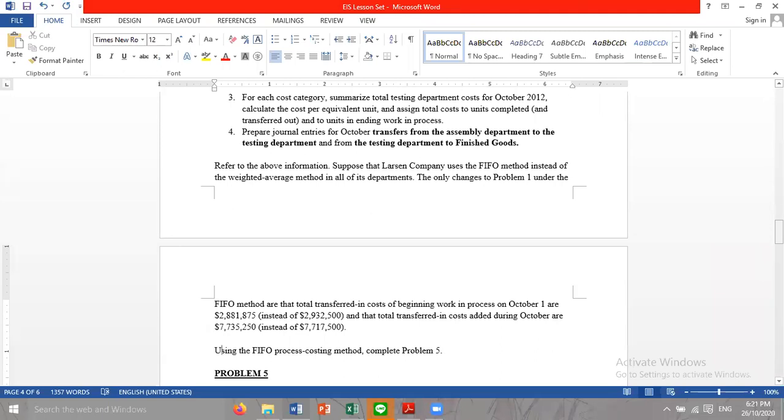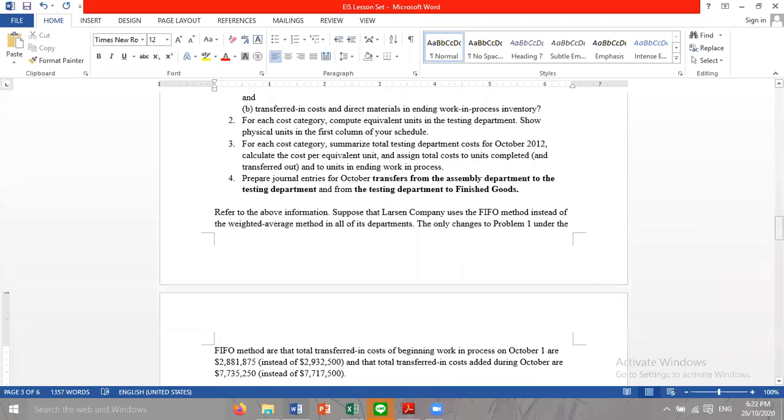Next, we will go to the FIFO method for process costing with transferred in cost. So let's just read the additional information. Refer to the above information. Suppose that Larson Company uses the FIFO method instead of the weighted average method in all of its departments.